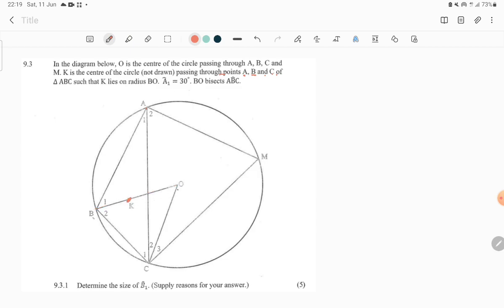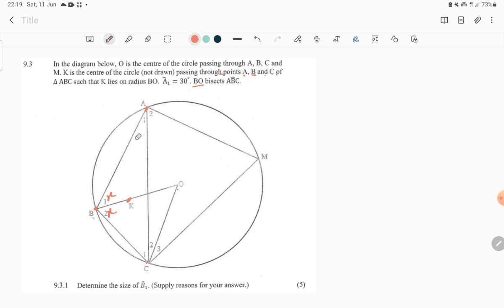Then what else is given? We are given that A1 is equal to 30 degrees. Then OB bisects angle ABC, which means if this one is x, this one is also x.